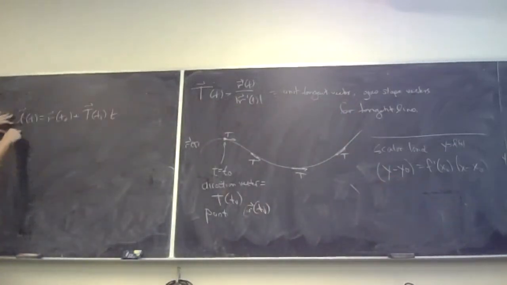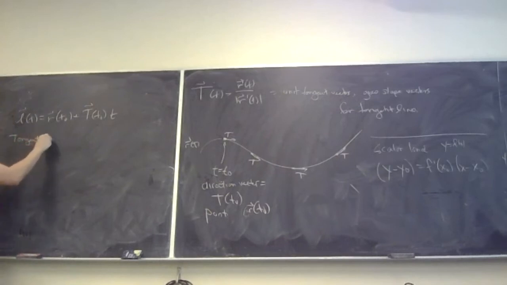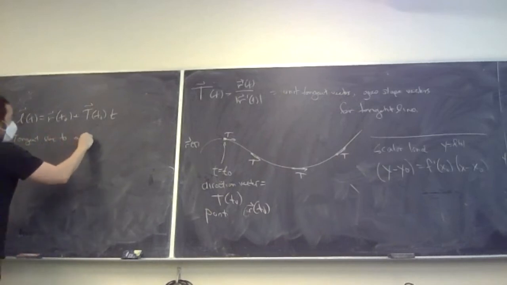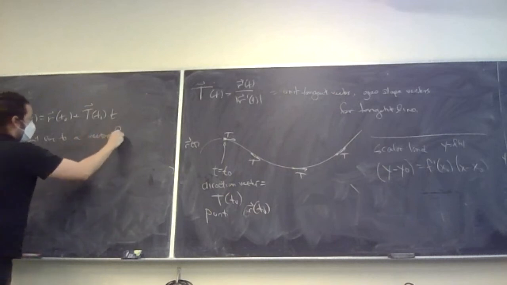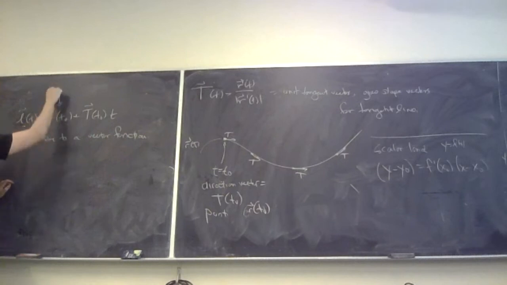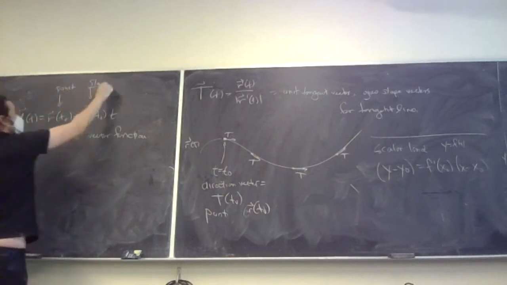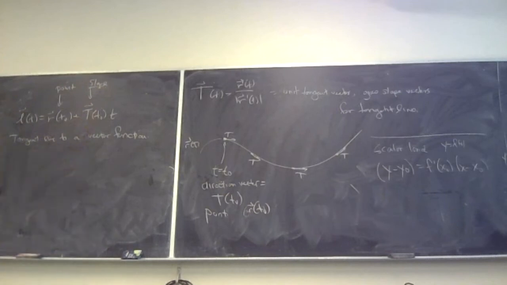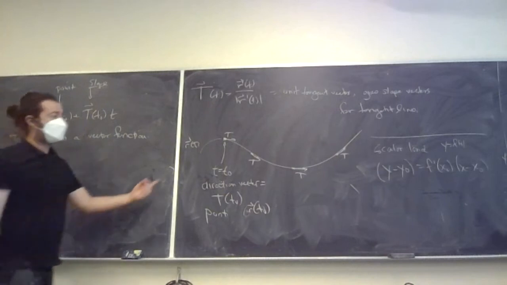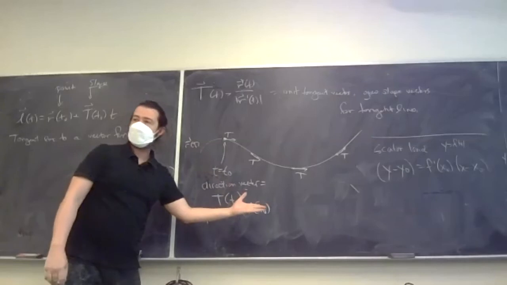This is the general equation for a tangent line to a vector function. You don't need to memorize the formula. You just need to remember what's going on in the background here.